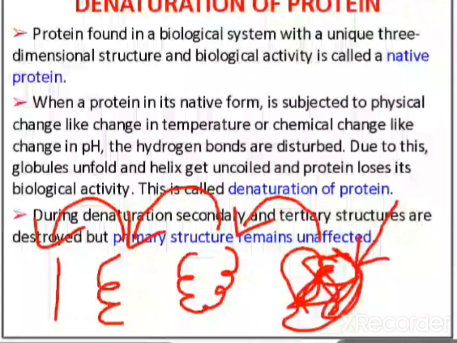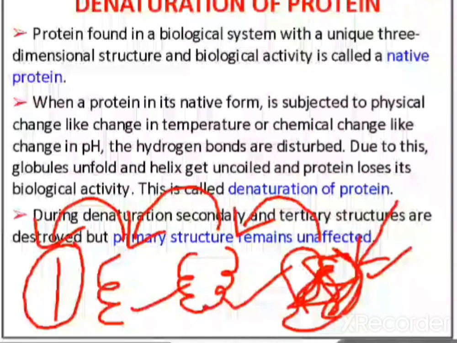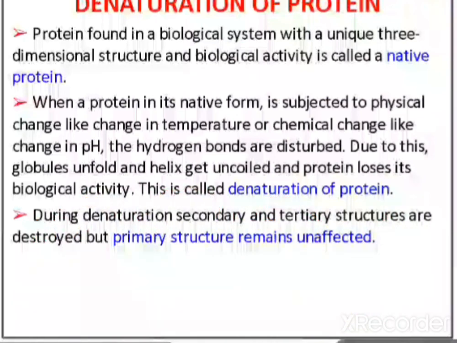During the denaturation of protein, only the primary structure remains unaffected and the remaining structures are changed. This is the most important line. Underline this line. Two very important questions: what is denaturation of protein, and which structure remains unaffected during denaturation? It is the primary structure.